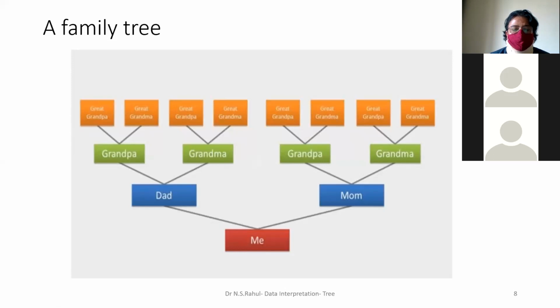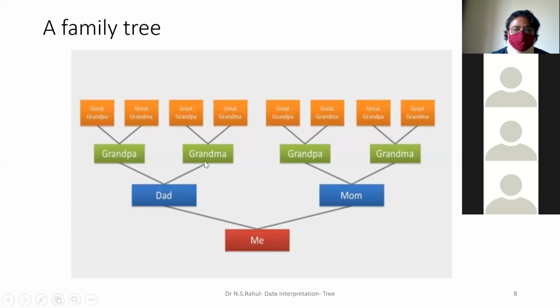Almost the same, because in this, 4 generations are given, right? Yes, sir. 4 generations. Great grandpa, great grandma, they got married, grandpa was born, and great grandma, great grandpa, they got married and grandma was born, and grandpa and grandma got married, dad was born.